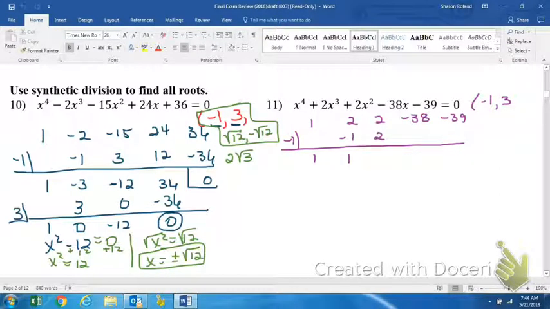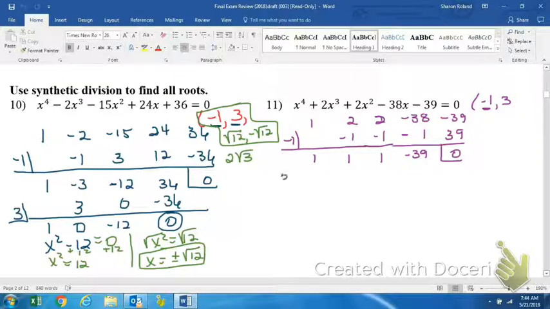You multiply that and you get a negative 1 again. Combine these and you get 1. Negative 1 times 1 is a negative 1. Combine these and you get negative 39. Negative 1 times negative 39 is a positive 39. Your remainder is 0, which means negative 1 worked.